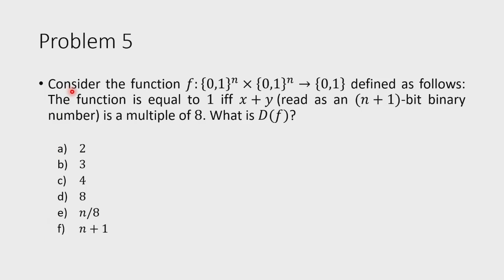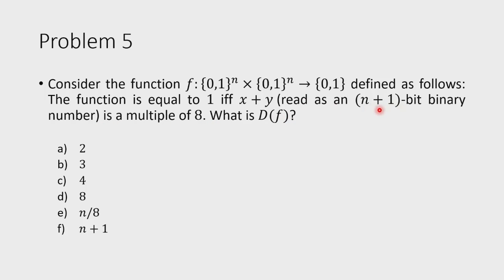So let's look at the next problem. Consider the function f from {0,1}^n × {0,1}^n to {0,1} defined as follows. The function is equal to 1 if and only if x plus y, read as an n plus 1 bit binary number, is a multiple of 8. What is D(f)?